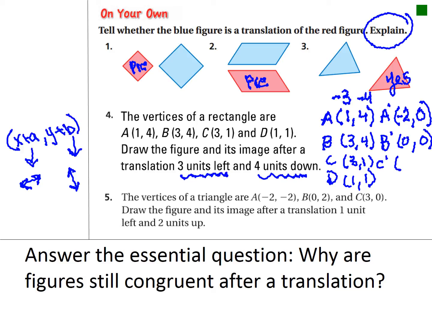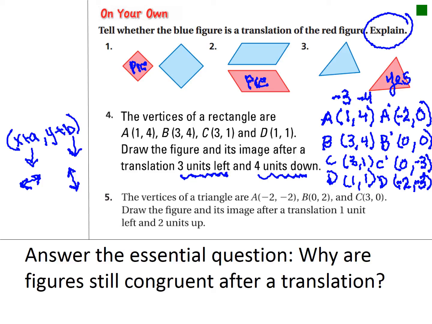C's image, 3 minus 3 is 0. 1 minus 4 is negative 3. D's image, 1 minus 3 is negative 2. 1 minus 4 is negative 3. Here are your ordered pairs for the images.